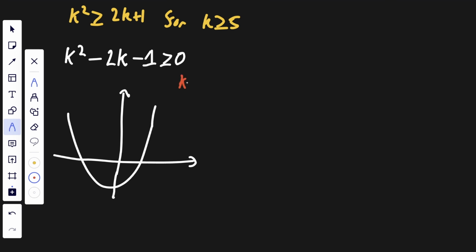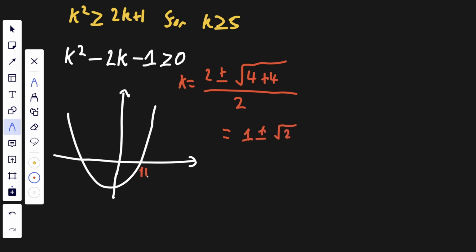So its roots are k equals minus b, so 2, plus or minus the square root of b squared, which is 4, minus 4ac, which is plus 4, over 2a, which is 2. This is going to give us 1 plus or minus root 2. So this must be 1 plus root 2, and this must be 1 minus root 2. You can check this if you want. I'm sure your calculator nowadays has the polynomial root finder, but I'm sure you're probably familiar with the quadratic formula by now.